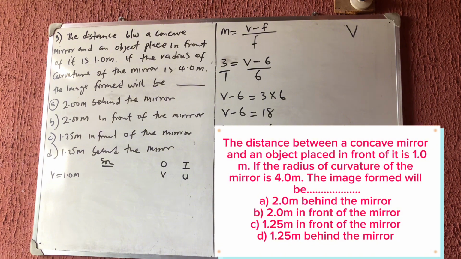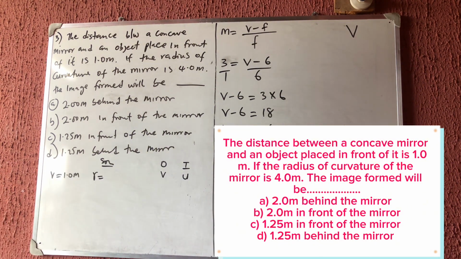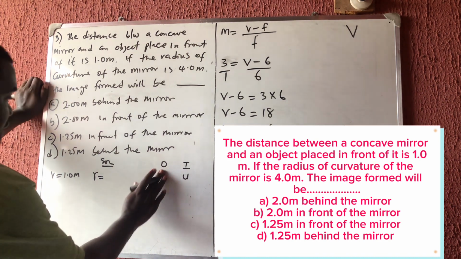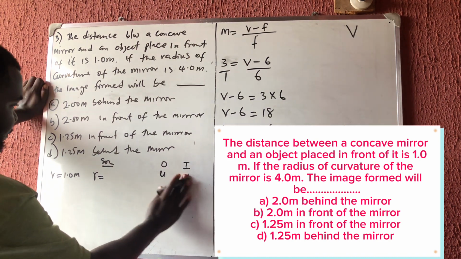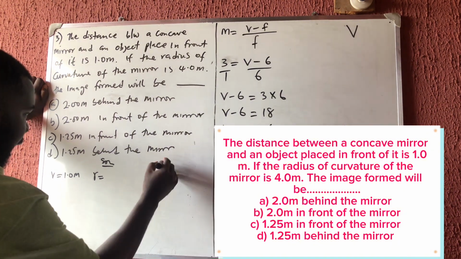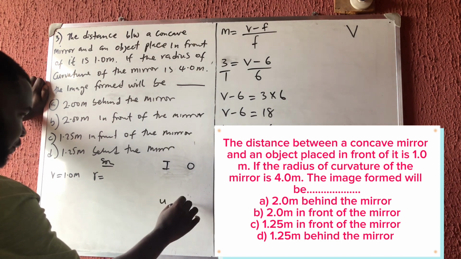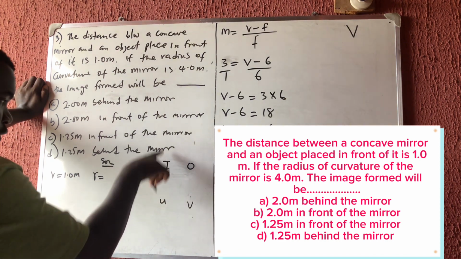Yes, the object is... sorry, the object is U. This is V. I comes before O in the alphabet, so U comes before V. The one that comes first, don't stay together.